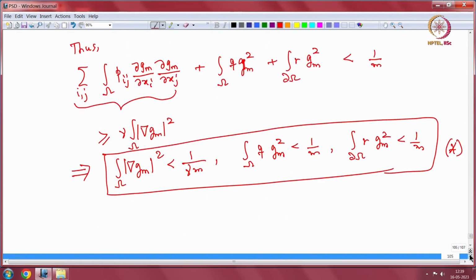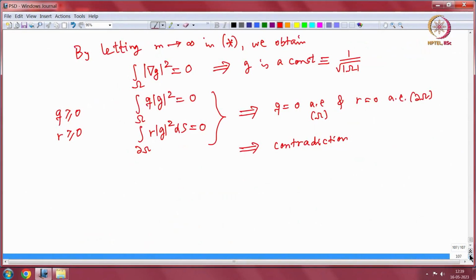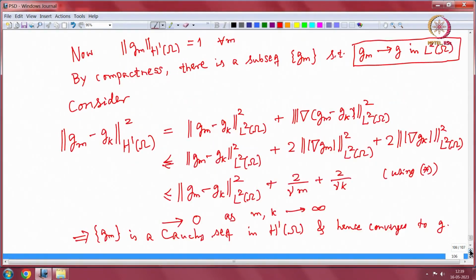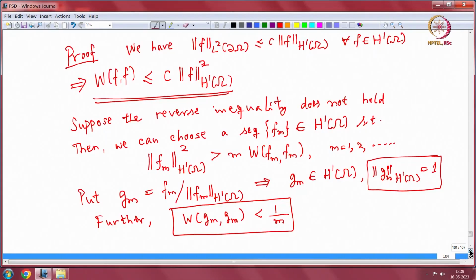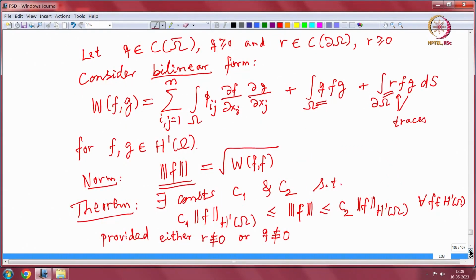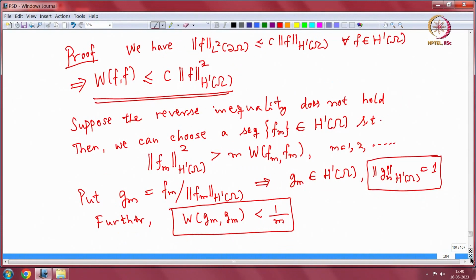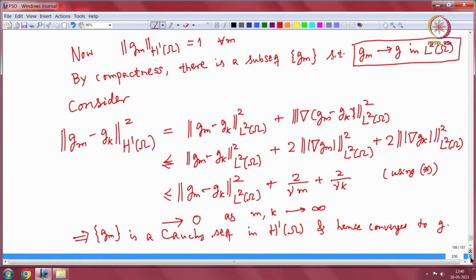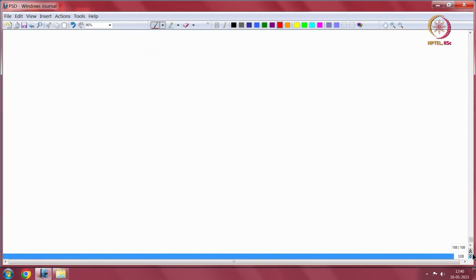Okay. So some observations. There are three terms here. For example, if we assume f and g are in H1 0 omega, then their traces are 0. So that is a corollary, if you want to call it.